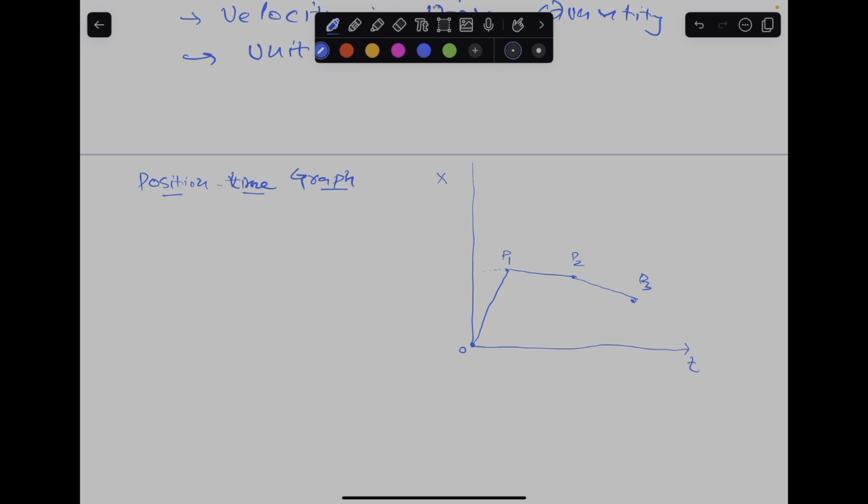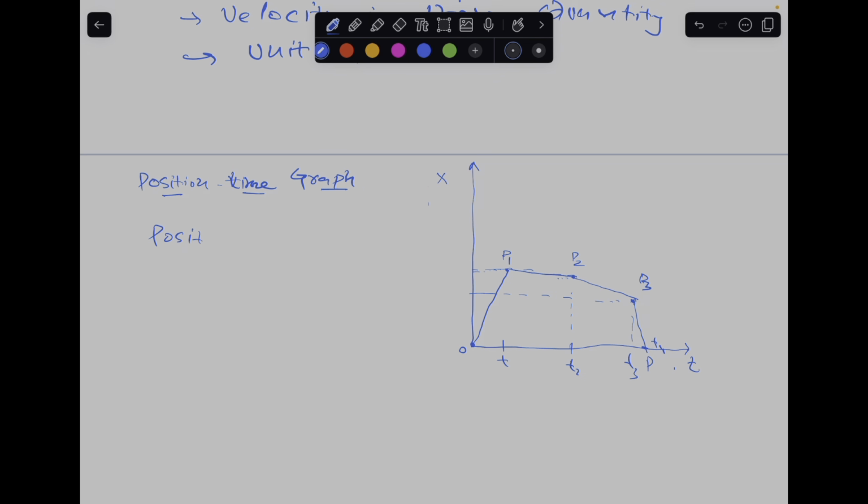So at every point it has a distance. This is position along the y-axis and time on the x-axis. So this is T1, T2, T3 and T4.